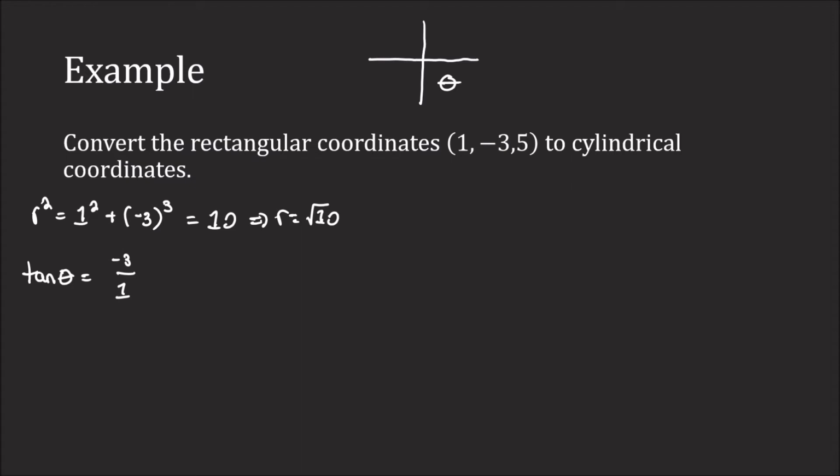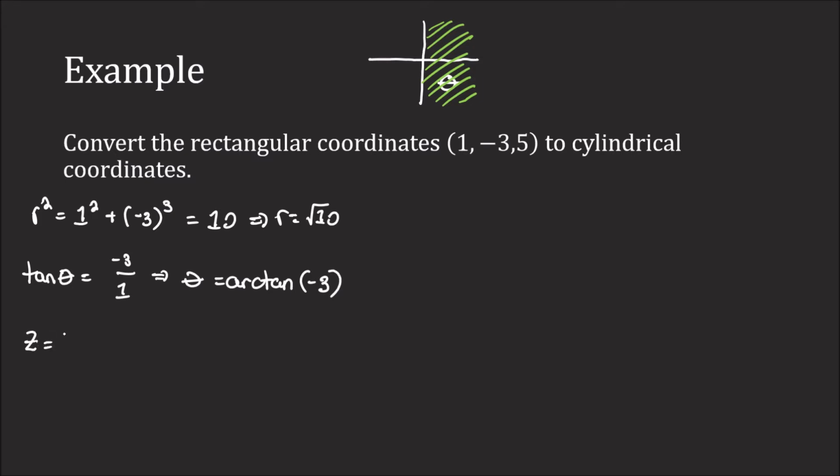This is where theta is going to be located. But remember, the range of the arctangent gives you values in here. Good, theta is already in the range of the arctangent, so we can just say theta is the arctan of negative 3.